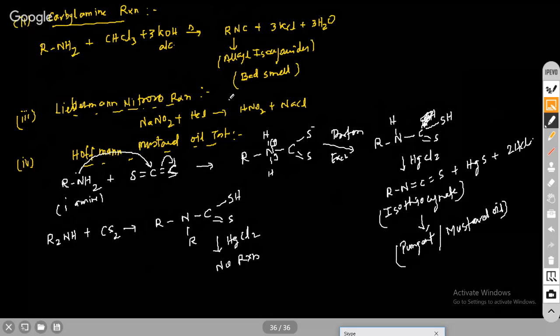Now for tertiary amines, the first reaction does not take place at all. Plus CS2, this has no reaction. Tertiary amine generally does not react. So these are the tests of amines.